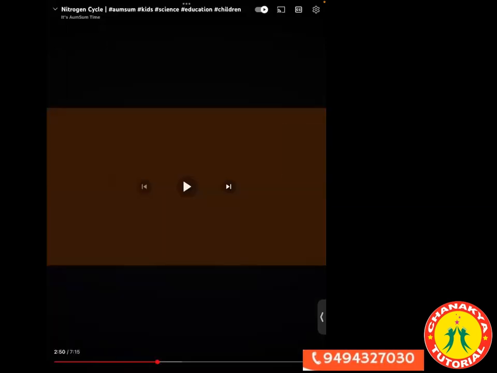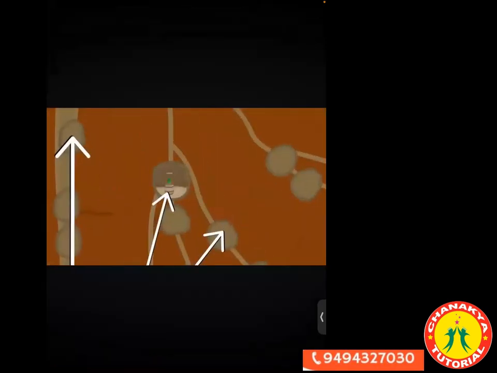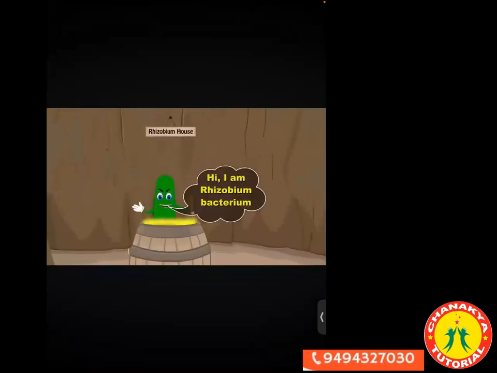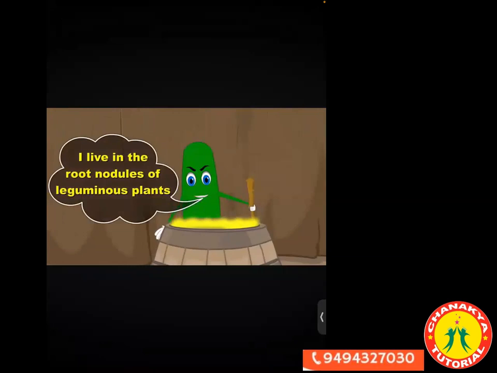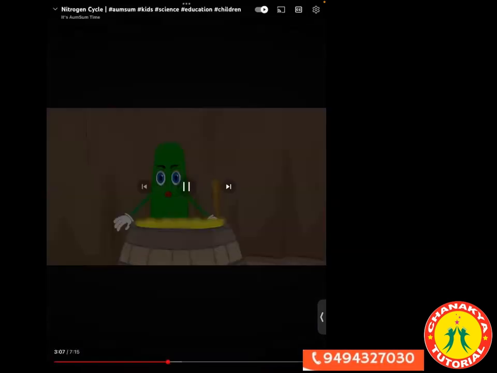See, now the atmospheric nitrogen have reached the roots of the leguminous plant. Leguminous plants means like the pulses. So now this is a type of bacteria called rhizobium bacteria, and these bacteria, what do they do?